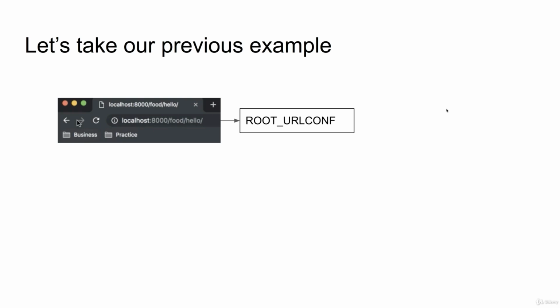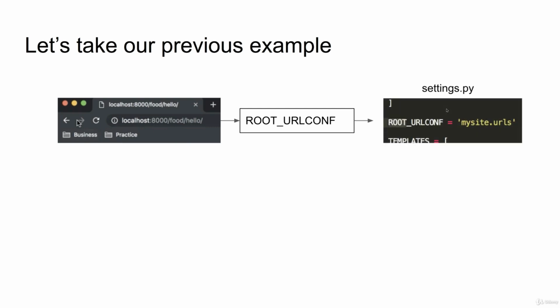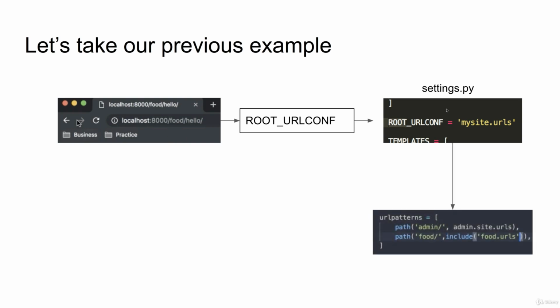When we enter that URL, first of all, Django looks for the ROOT_URLCONF variable from the settings.py file, and as you can see, this points to mysite.urls. So now Django knows it has to look for the URL patterns in the mysite.urls file. It opens that file, finds the URL patterns present here, and now it matches this request, /food/hello, with these patterns.